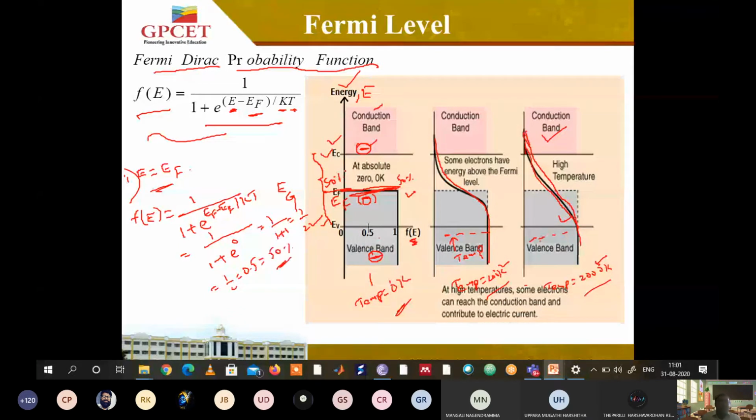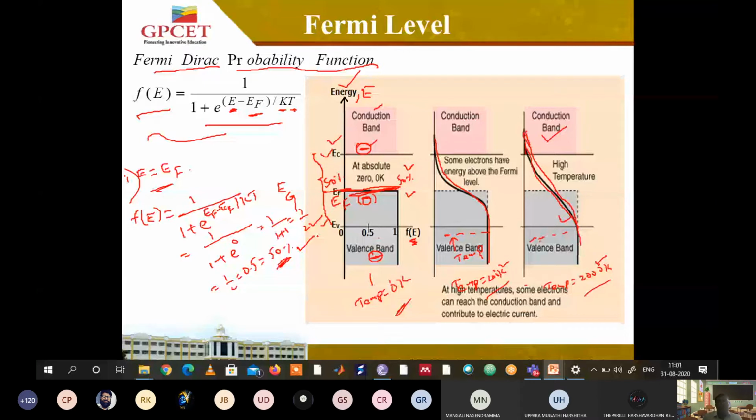So what I told, the Fermi energy level is the energy level where 50% of electrons are filled. You got the answer 50%. So at this Fermi level, the fraction filled with electrons while they are jumping from valence band to conduction band is 50%, so half of the energy band is filled with electrons. So we have proved it, right? Case 2.